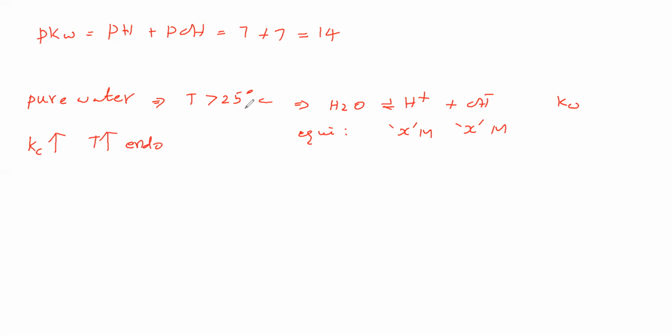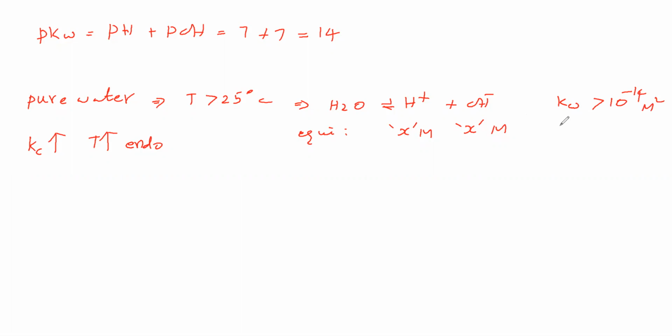Therefore, here the temperature is greater than 25 degrees Celsius. You have increased the temperature. What will happen to the equilibrium constant? It certainly changes. Whether it increases or decreases.